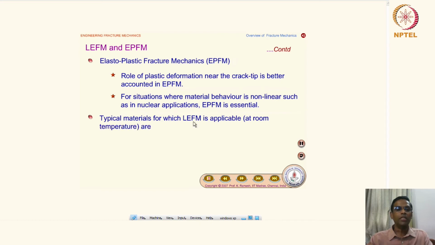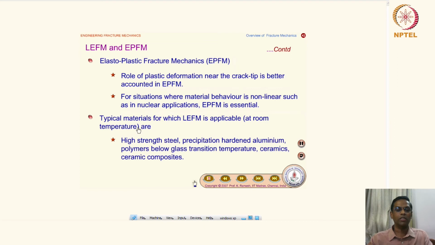Typical materials for which LEFM is applicable at room temperatures are high strength steel, precipitation hardened aluminum, polymers below glass transition temperature, ceramics, and ceramic composites. If you see in the previous chapters, we also looked at the polymer behavior, right?